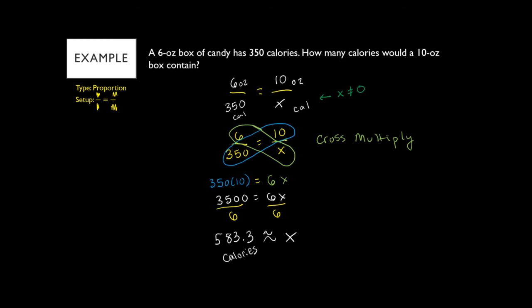So we couldn't get a value for X that would cause us a problem. 0 calories wouldn't make sense in this situation anyway, so we don't really have to worry about that here. But our answer is valid because it's not equal to 0. It's an actual value. We're not going to get 0 in the denominator. And so that is your answer.